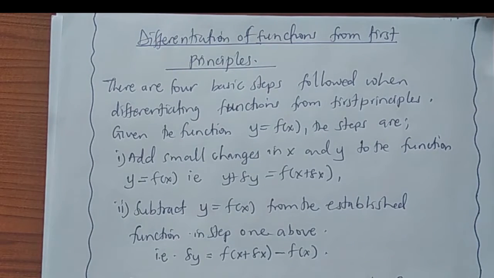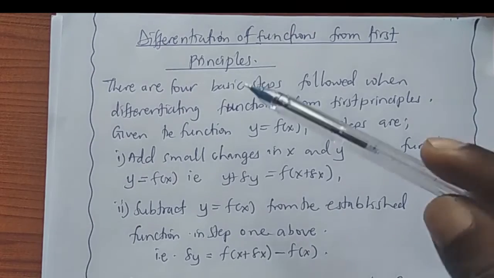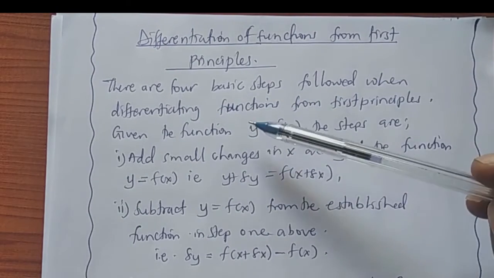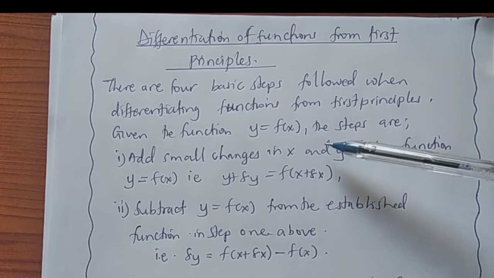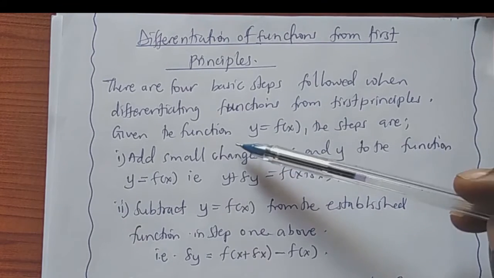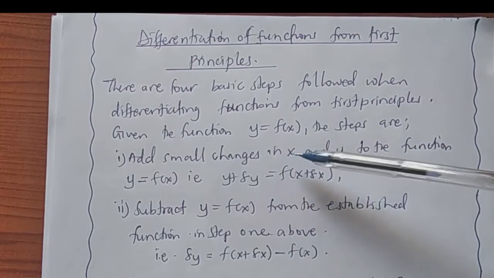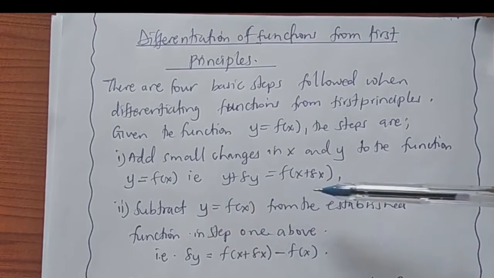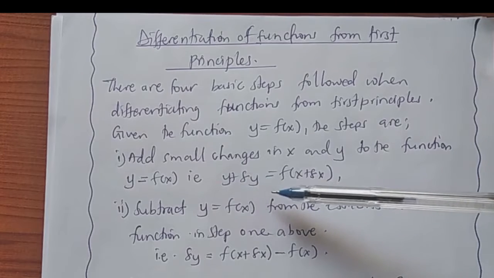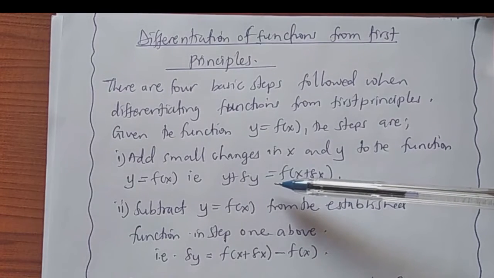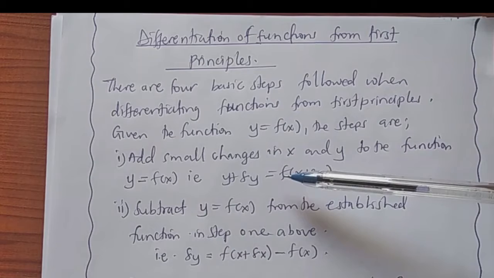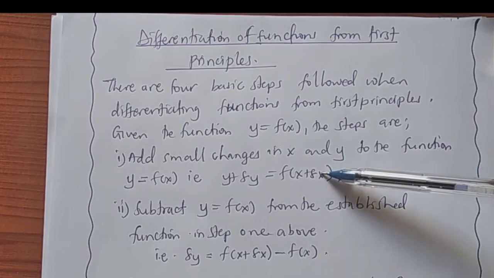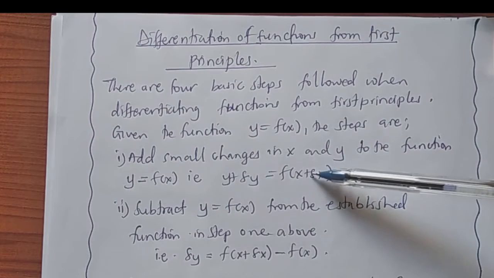Differentiation from first principles. There are 4 basic steps followed when differentiating functions from first principles. The function y is equal to f(x). The first step is add a small change in y, small changes on both sides, in the x and in the y, like the way you see here.